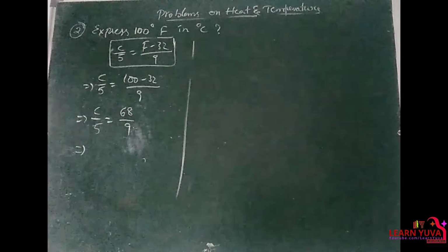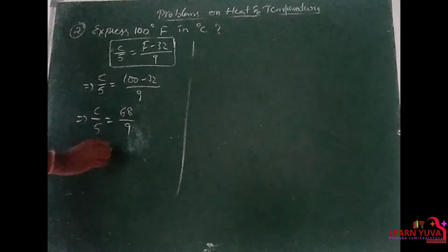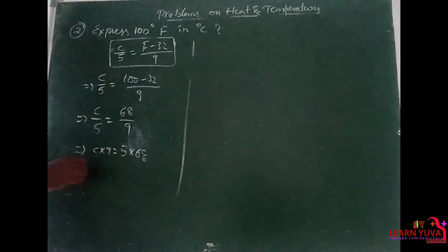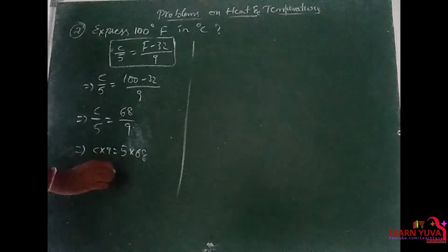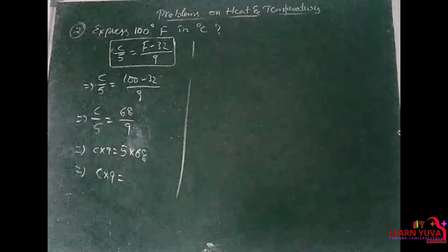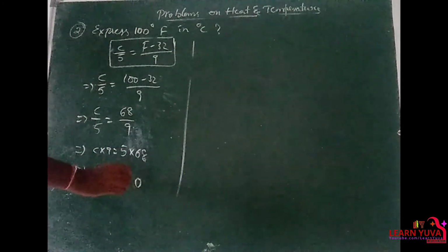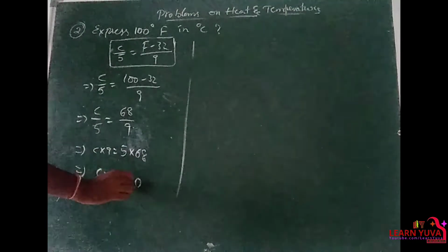Do the cross multiplication. C into 9 is equal to 5 into 68, which is 340.